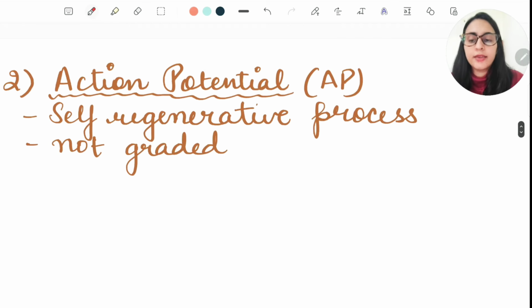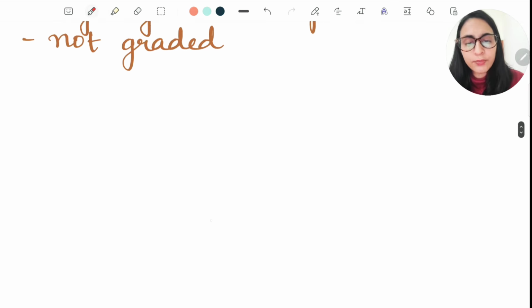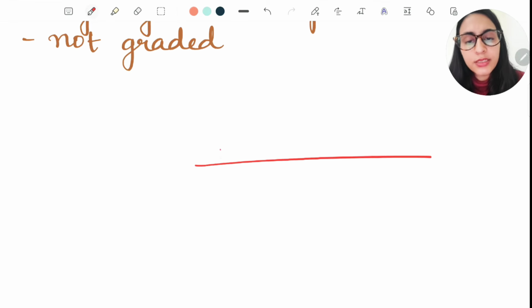Now coming to the second, this was about the electrotonic conduction, which is also known as graded conduction. Coming to the action potential, which is a very important topic. Action potential is also known as the self-regenerative process, because once this action potential is started, now if you remember in Diwali, you can see this red color firecracker.